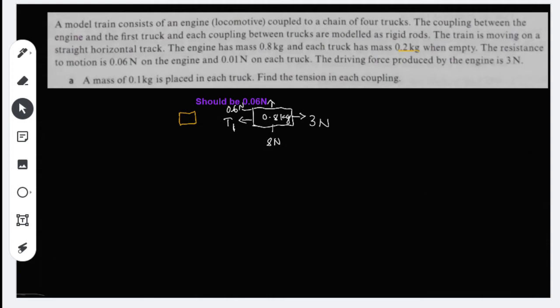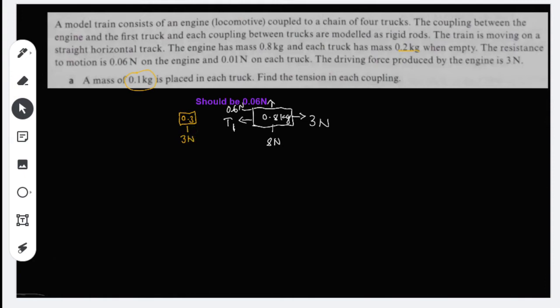Plus, on problem part A, there will be an additional mass of 0.1 on each truck. So therefore, we can say that this one will have 0.3 kilogram as mass. So if the mass is 0.3 kilograms, automatically the weight will be equal to 3 Newton.